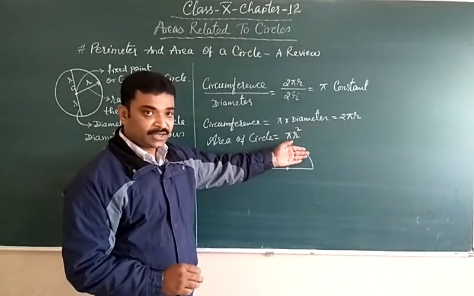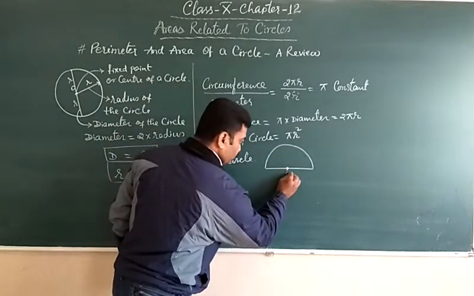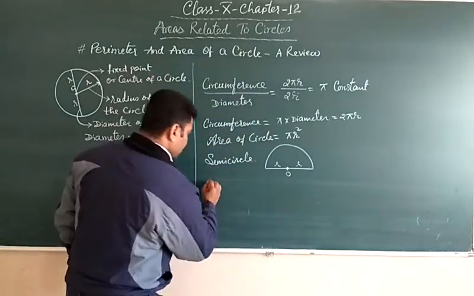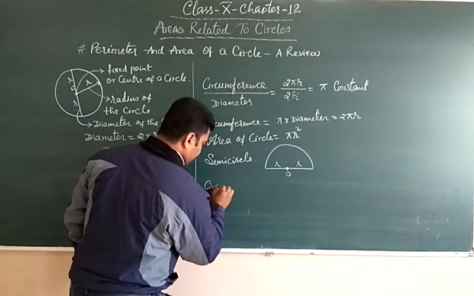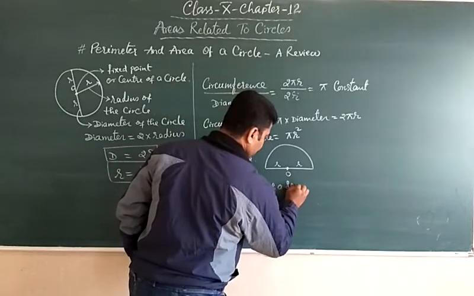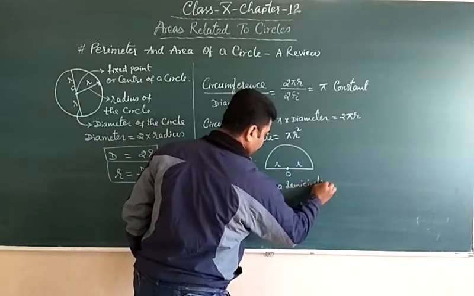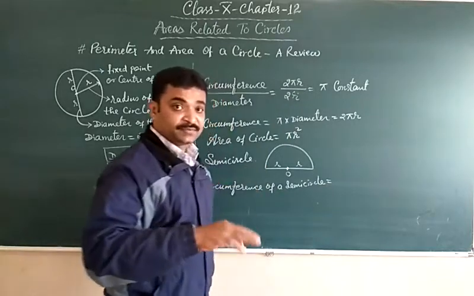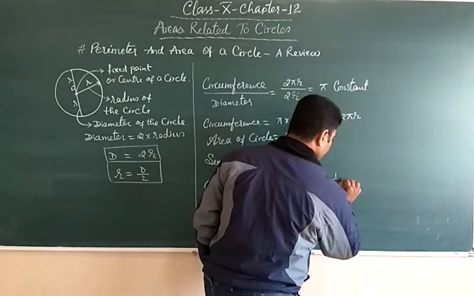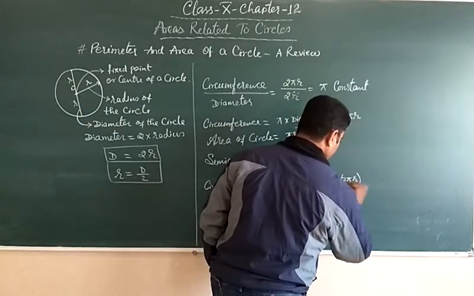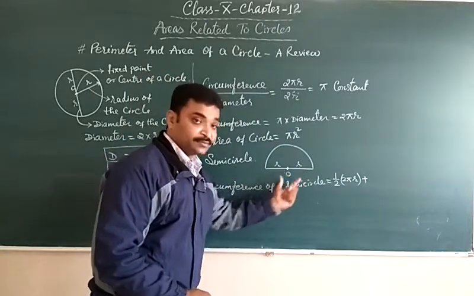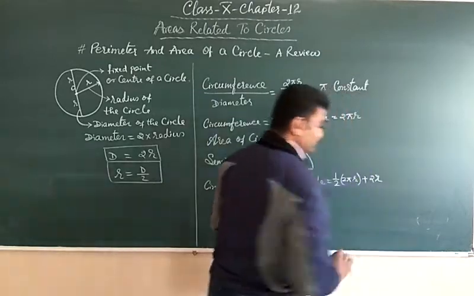It is one half of the circle with center O and radius R. So the circumference of a semicircle is equal to half of the circumference of the full circle, that is 1/2 into 2 pi r, plus this part also, r plus r, that is plus 2r.